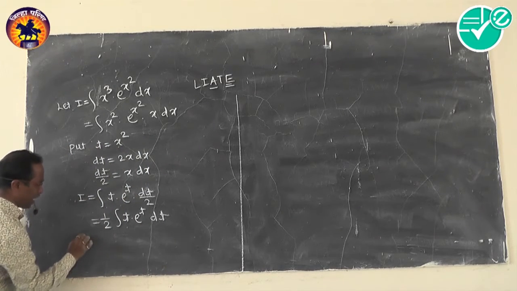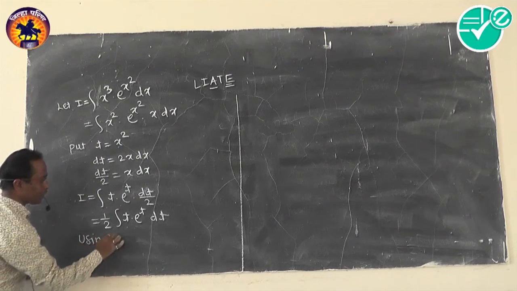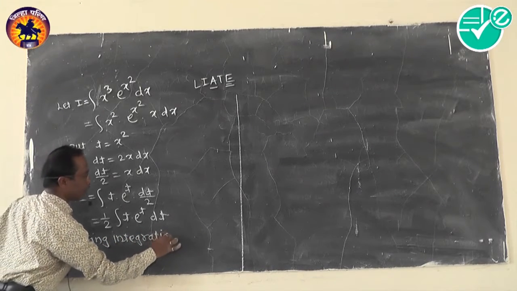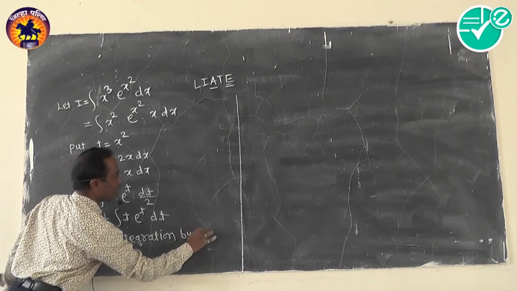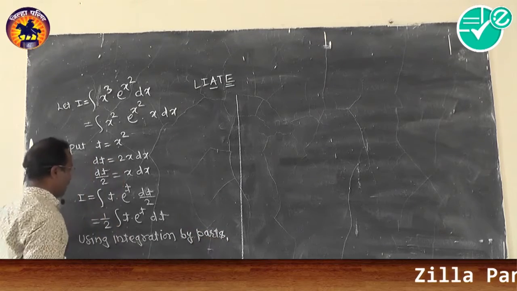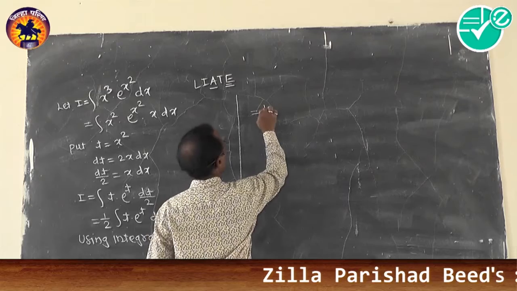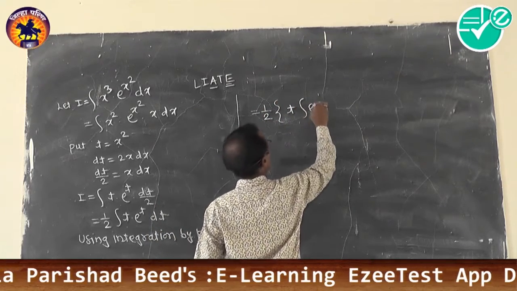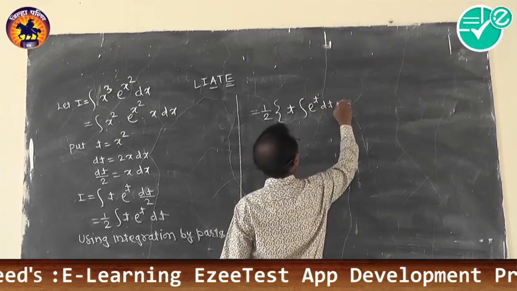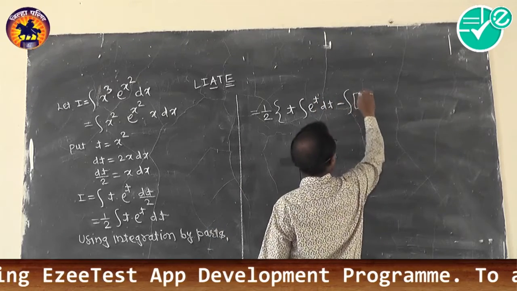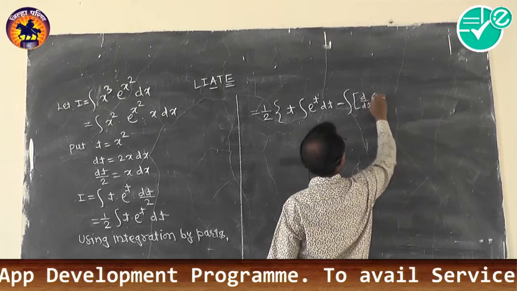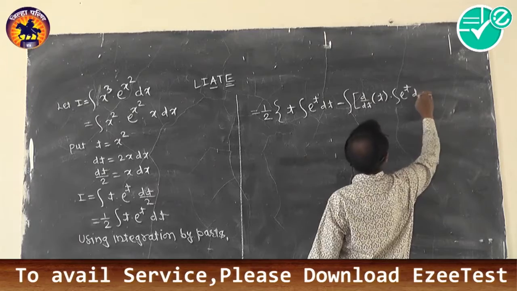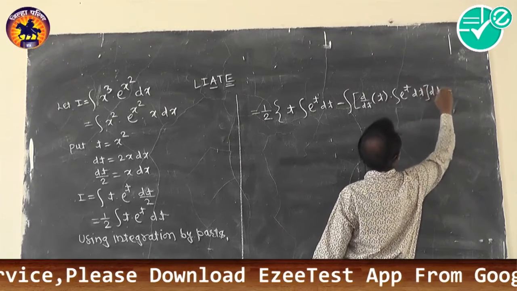So using integration by parts, 1 by 2 into first as it is, integral of second, minus integral of derivative of first, d by dt of t into integral of second e raised to t dt with respect to t.